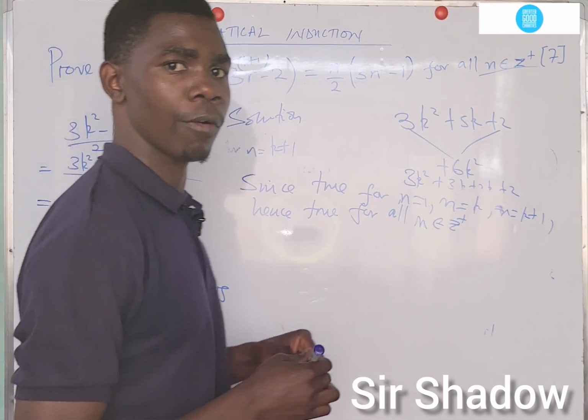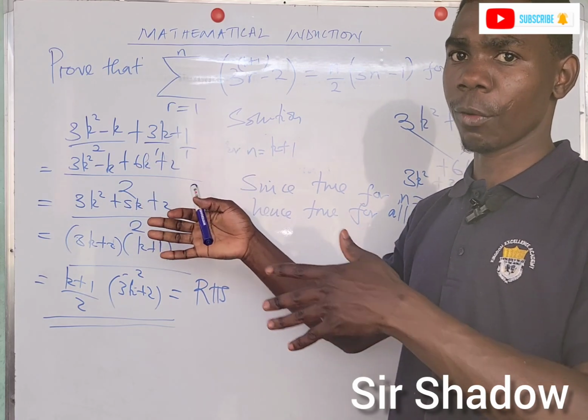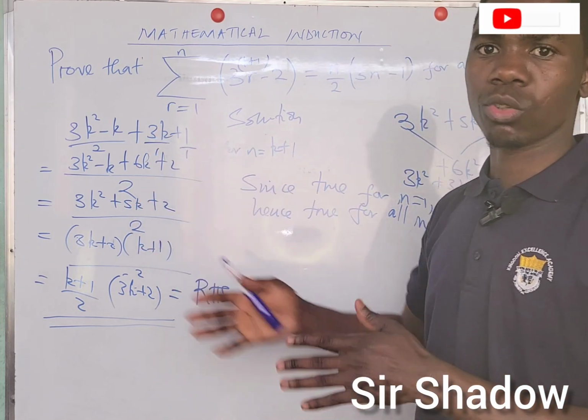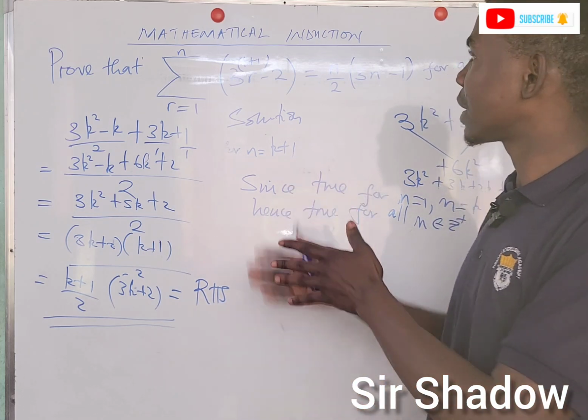So this is how to prove summations from the first situation. We are moving on to the second situation in the second video. So this is how to prove summations using this situation by mathematical induction.